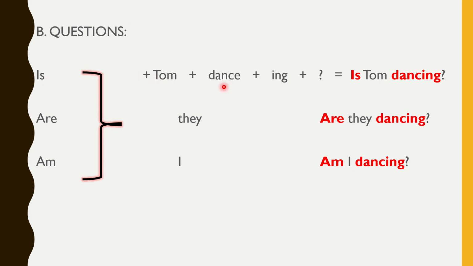Is plus Tom plus dance plus ing plus question mark. Is Tom dancing? Are plus they plus dance plus ing plus question mark. Are they dancing? Am plus I plus dance plus ing plus question mark. Am I dancing?